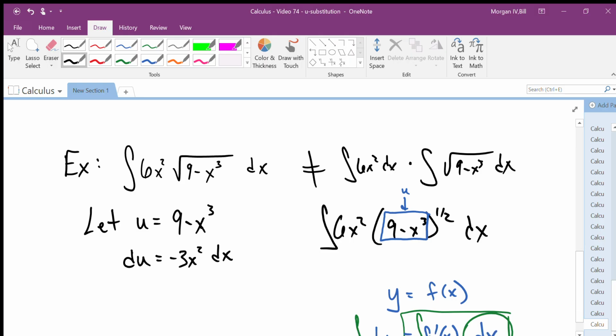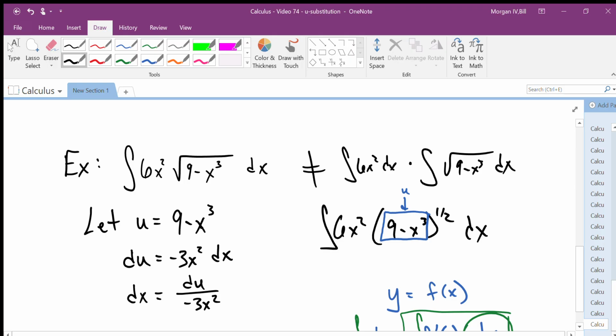And what that does is allows us to solve for dx. We can solve for dx and then replace it. So to solve for dx, I'm going to divide both sides by negative 3x squared. I always like to write my dx over here instead. So dx is equal to du divided by negative 3x squared.